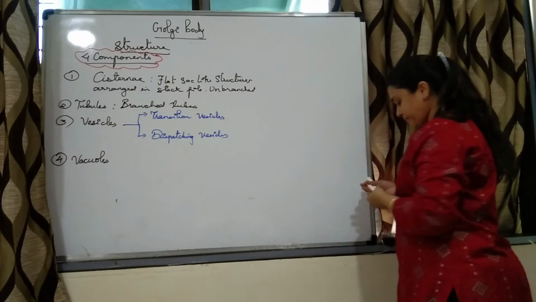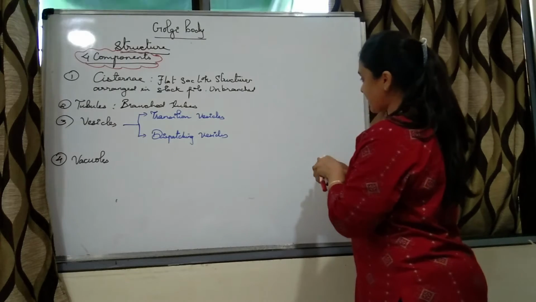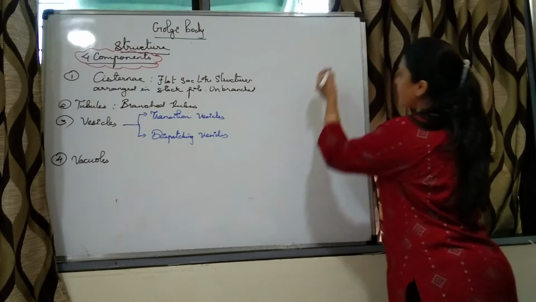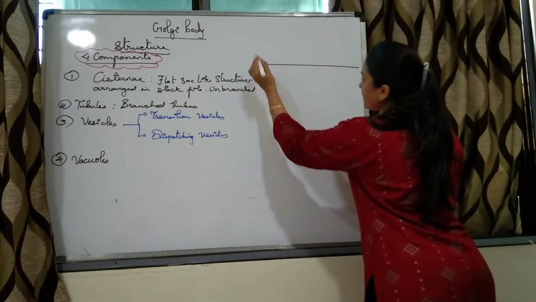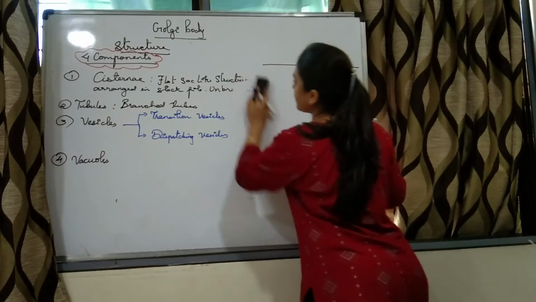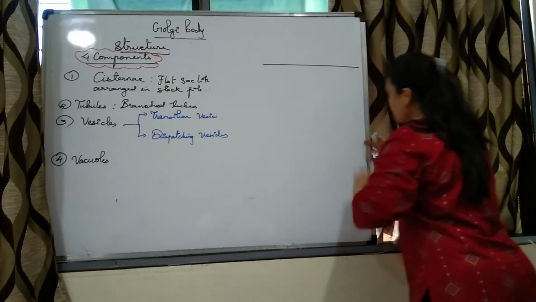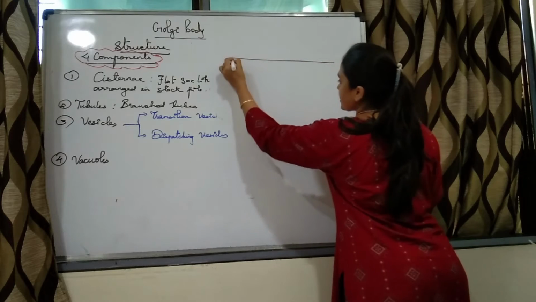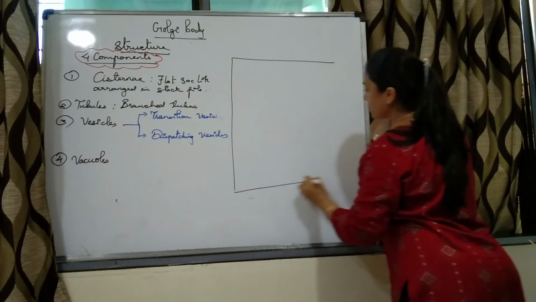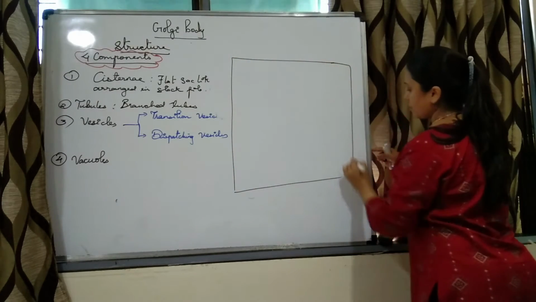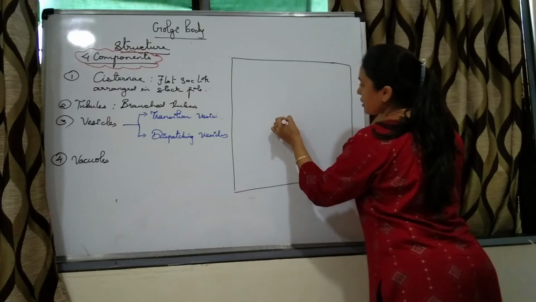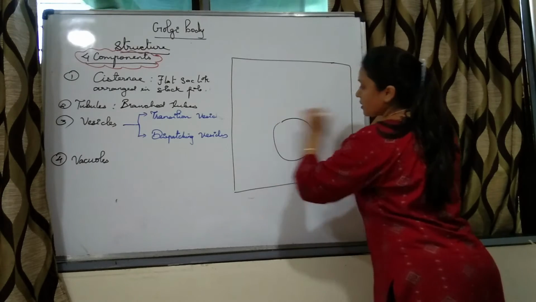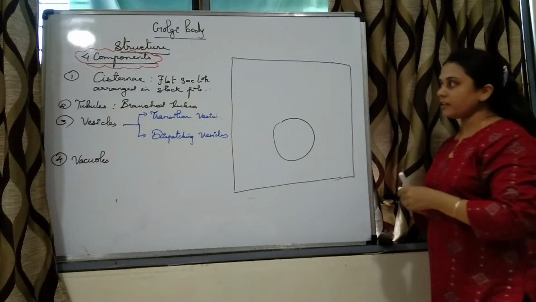So say we are drawing a cell, we are drawing a very huge cell so that you can understand it properly. So this is a cell, right? Say this is the nucleus of the cell, right? This is the nucleus of the cell.